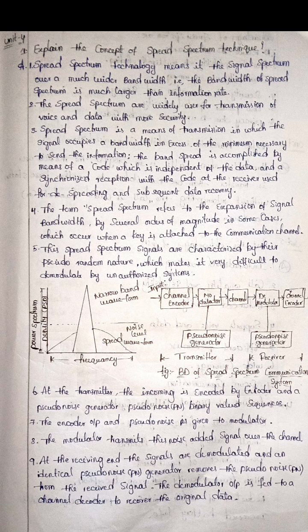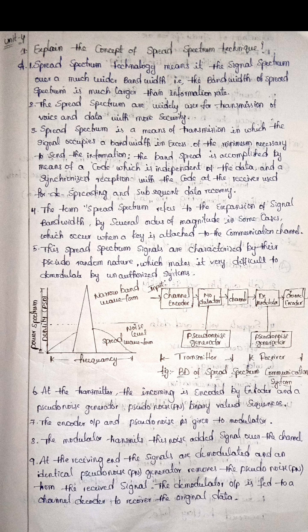to send the information. The band spread is accomplished by means of a code which is independent of the data, and a synchronized reception with the code at the receiver is used for despreading and subsequent data recovery.